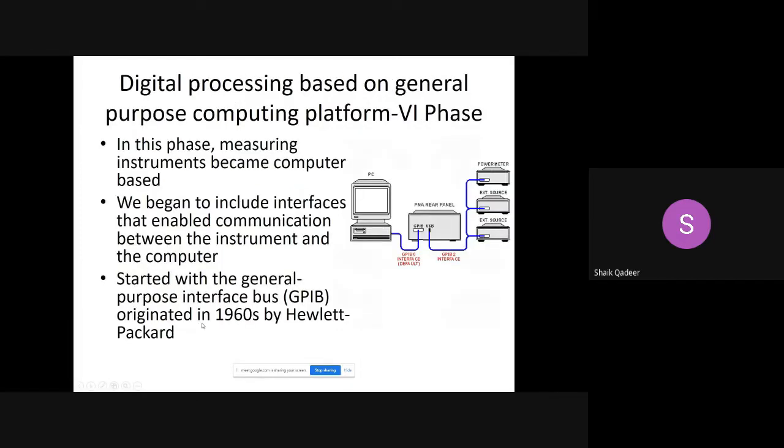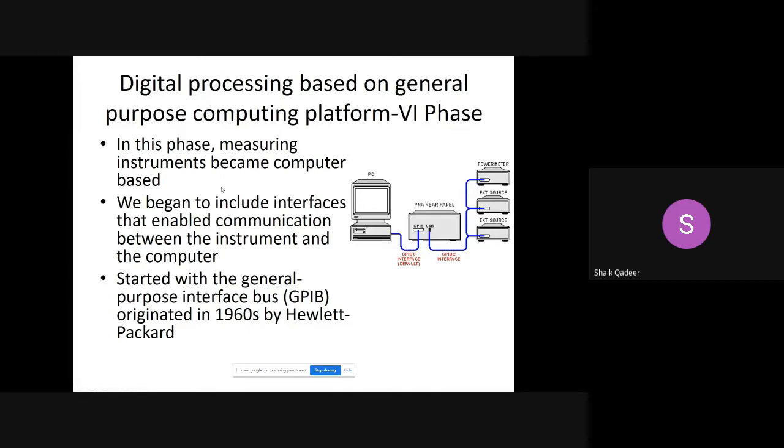Then the next phase of instrumentation is the virtual instrumentation phase. This is actually called the VI phase. We can also call it digital processing based on a general purpose computing platform. From this particular phase onwards, the use of software or computers started.